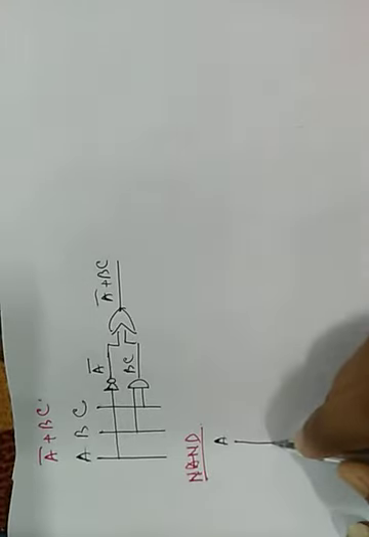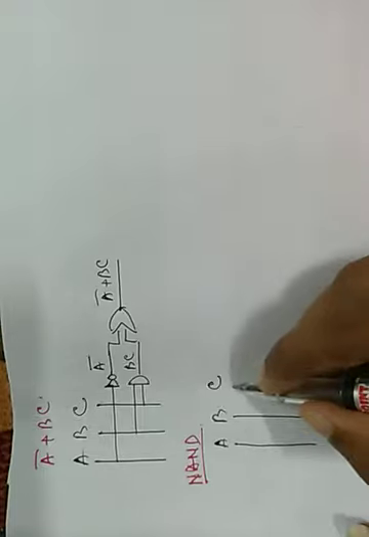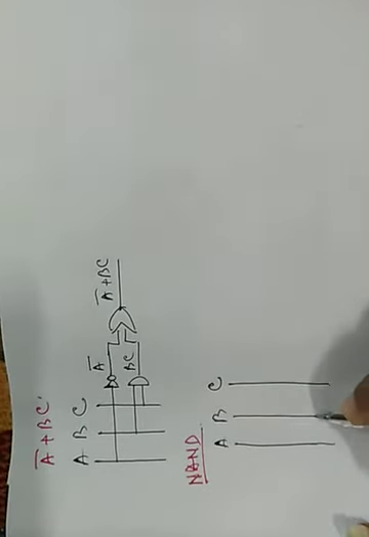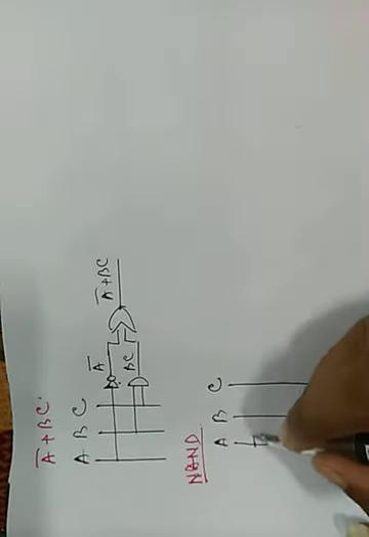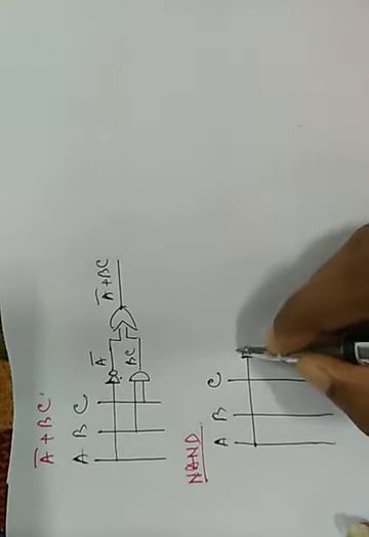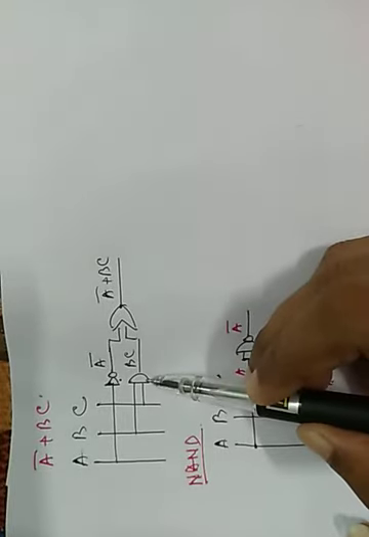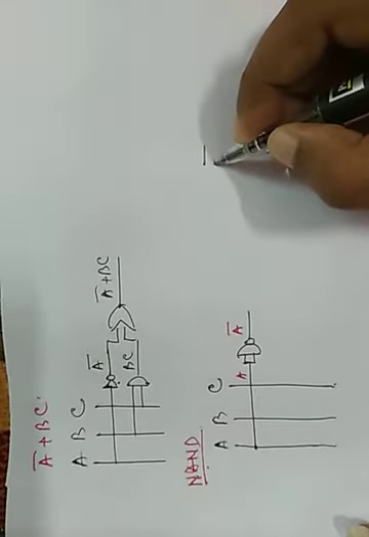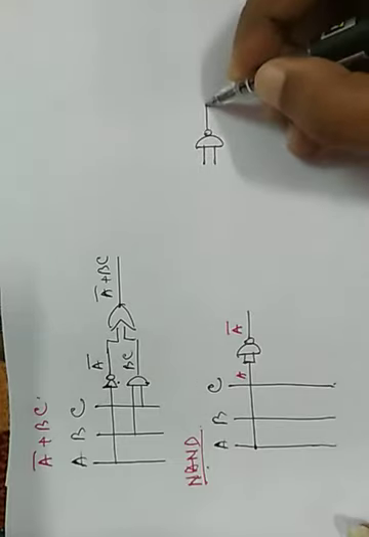A, B, C. NOT gate means we can replace this using a NAND gate. That means A bar. Okay. AND gate and NAND gate, the names are the same. So two NAND gates are required like this way.